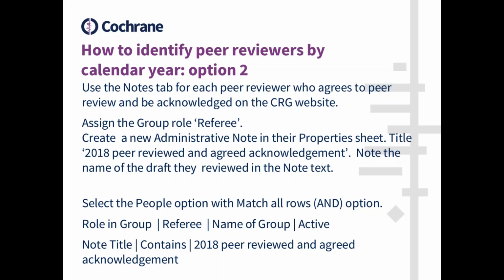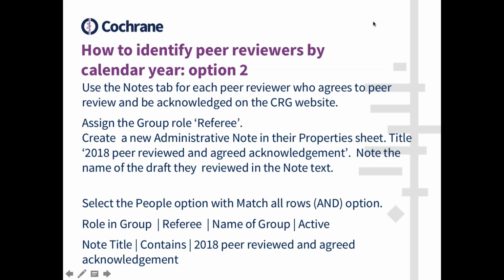The process is that, again, you assign the group role referee to the reviewer. You create a new admin note in their properties sheet and give it a title. This is a suggested text: 2018 peer-reviewed and agreed acknowledgement. Again, note the name of the draft they've reviewed in the note text.